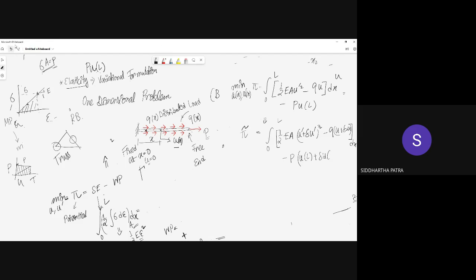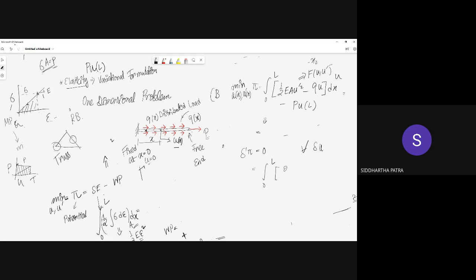Okay, what we should be doing is taking the first variation, performing the delta operation on pi, and setting the first variation to 0. So the first variation of pi should go to 0 for any arbitrary delta u, and the first variation should be the integral from 0 to L. Basically we take the derivative, so this quantity is f of u prime.